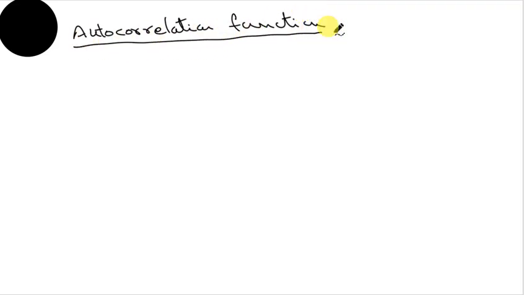Next, let us move on to finding the autocorrelation function of the ARMA process. Now how to find this autocorrelation function? Autocorrelation goes through a transient period since the signal starts at 0 with 0 initial conditions.